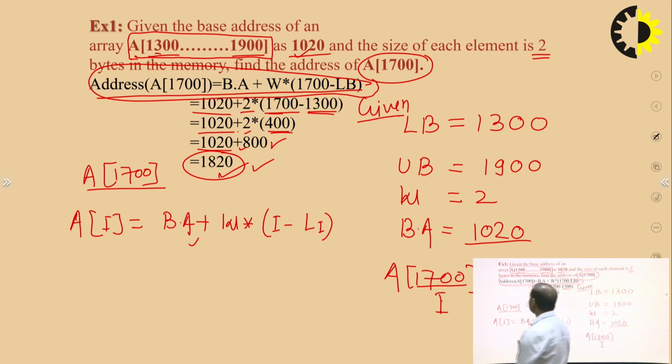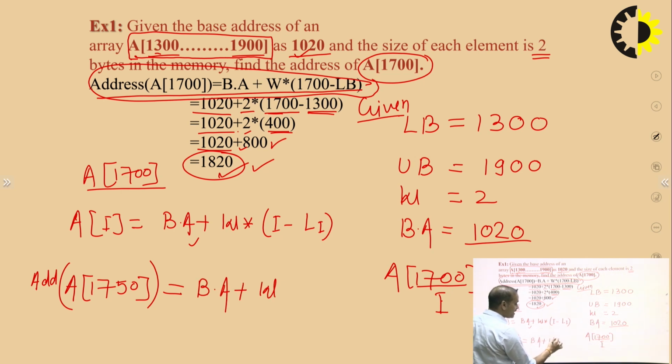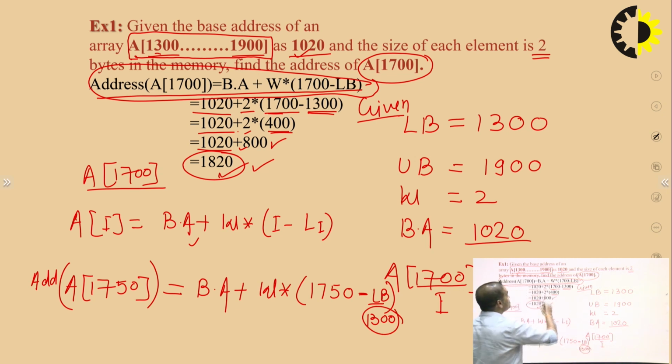If we want to calculate the address of the element at location 1750, then what can we do? We can write the formula A 1750. That means the address of A 1750 equals base address plus W multiplied by 1750 minus LB, and the lower bound is 1300, which is given in the original matrix.